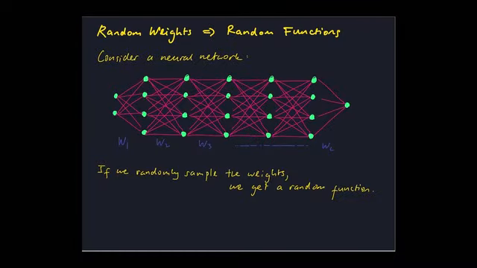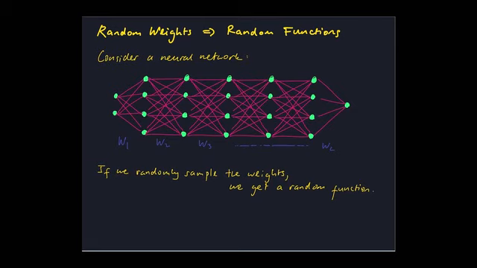So now forget everything we just talked about and just think about a neural network. The simplest case, arguably, is just a multi-layer perceptron, so we've got weight matrices W1, W2, W3, up to WL.